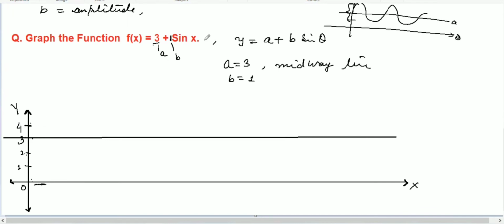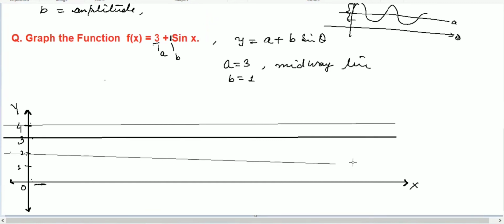So the graph will be, now we will draw the graph here. For our convenience, I am drawing this line, a very thin line. I'm going to draw it here and here.